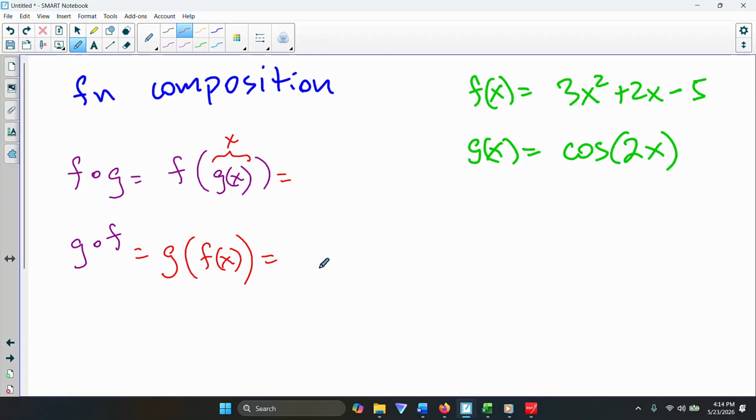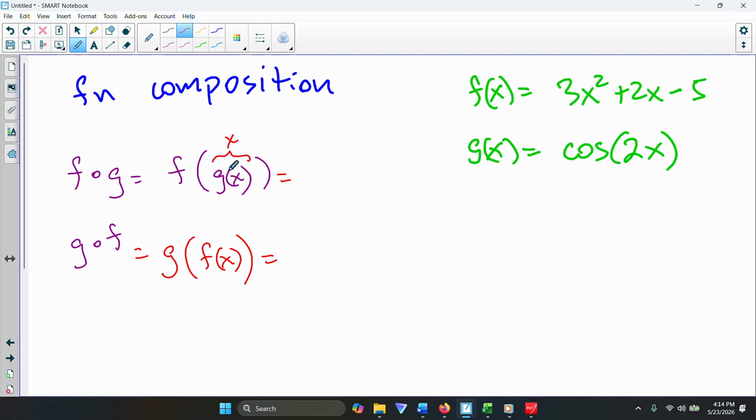The telltale sign is that if the order does not matter, if you get the same thing, that means these two functions would be inverses of each other, which obviously they're not in this case. But if they were, then yes, the two functions are inverses of each other.